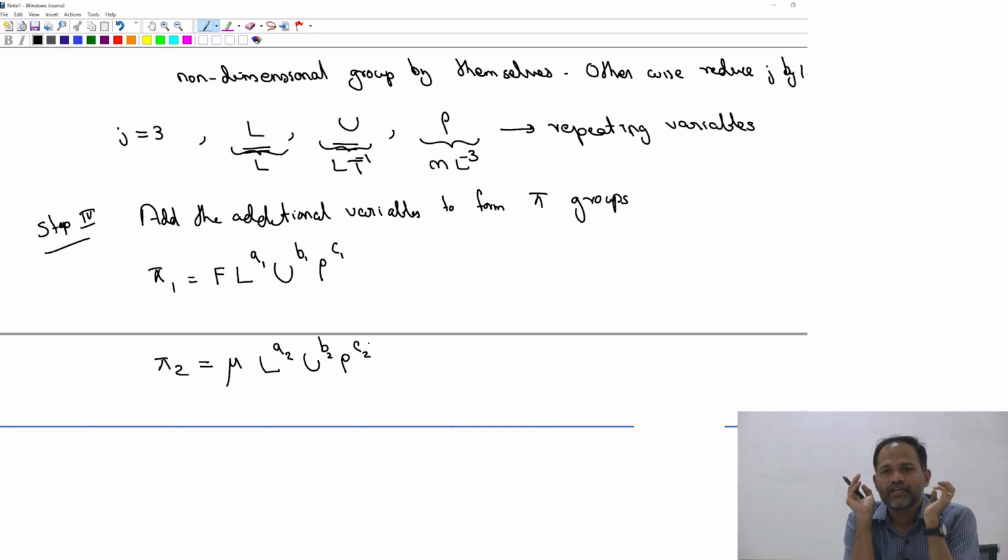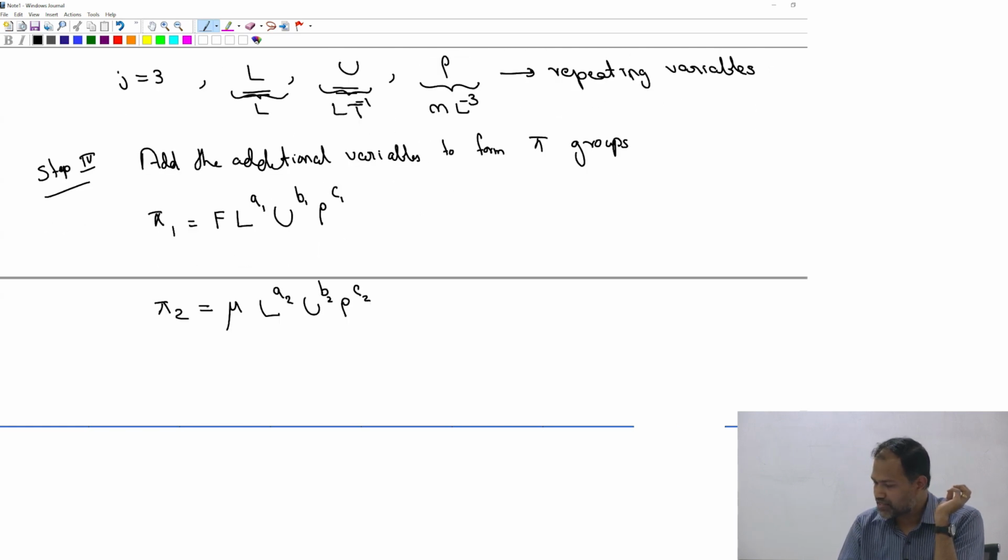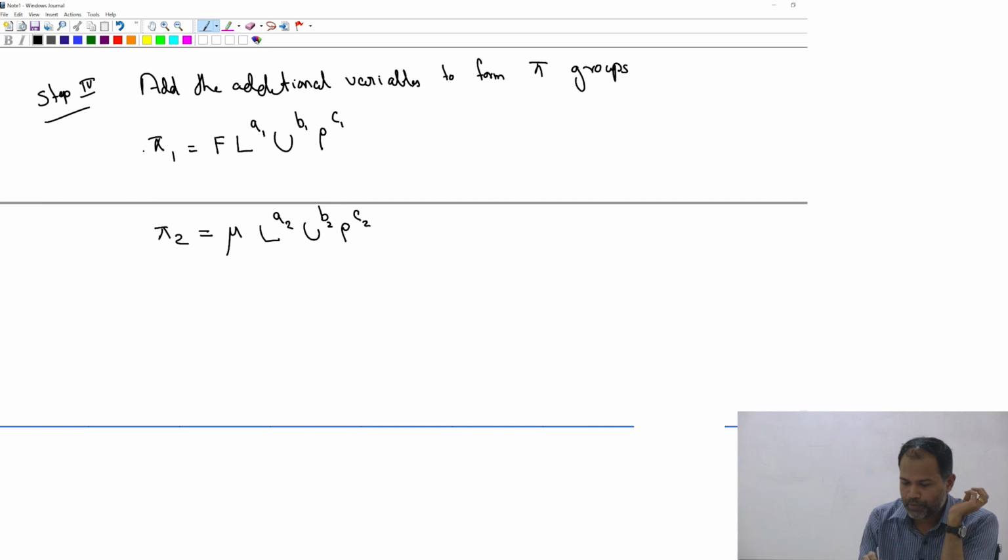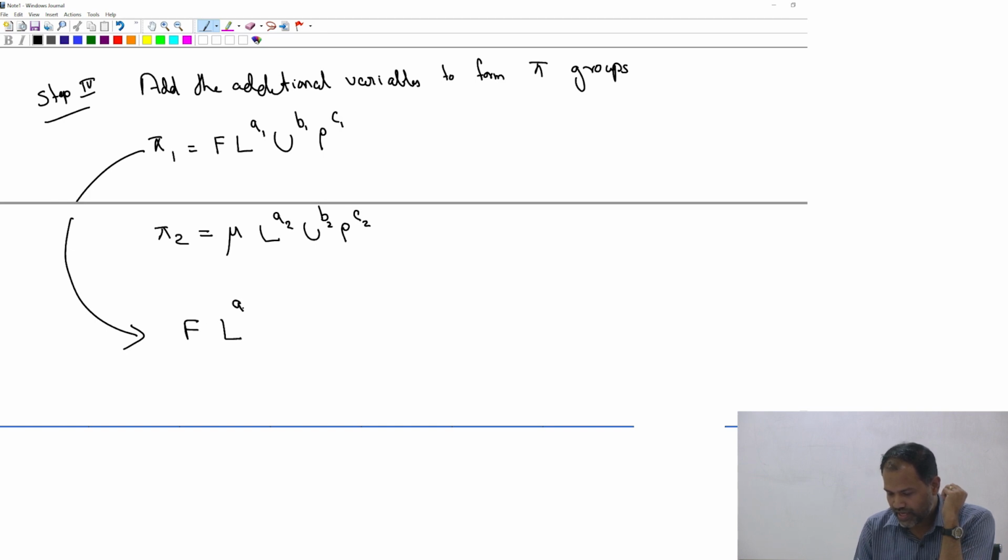So let's try to find A1, B1, C1. How would we do that? If we talk about pi 1, that is f times L to the power A, U to the power B, rho to the power C.